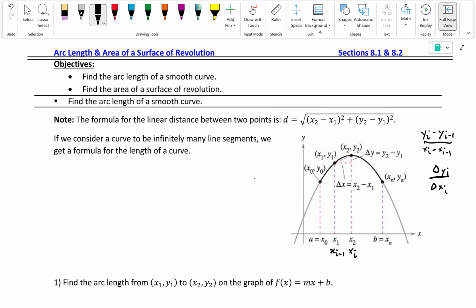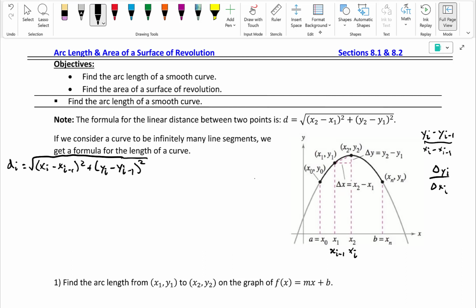We'll bring those in in a sec, but our distance formula, just for a nice straight line distance, is d equals the square root of the quantity x2 minus x1 squared plus the quantity y2 minus y1 squared. So we can find the distance over every little interval, and we can write that as d sub i equals the square root of the quantity x sub i minus x sub i minus 1 squared plus the quantity y sub i minus y sub i minus 1 squared.